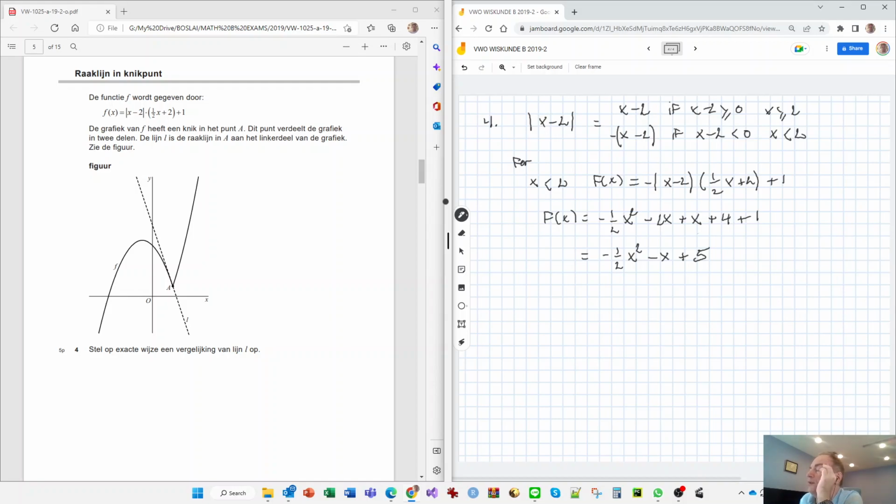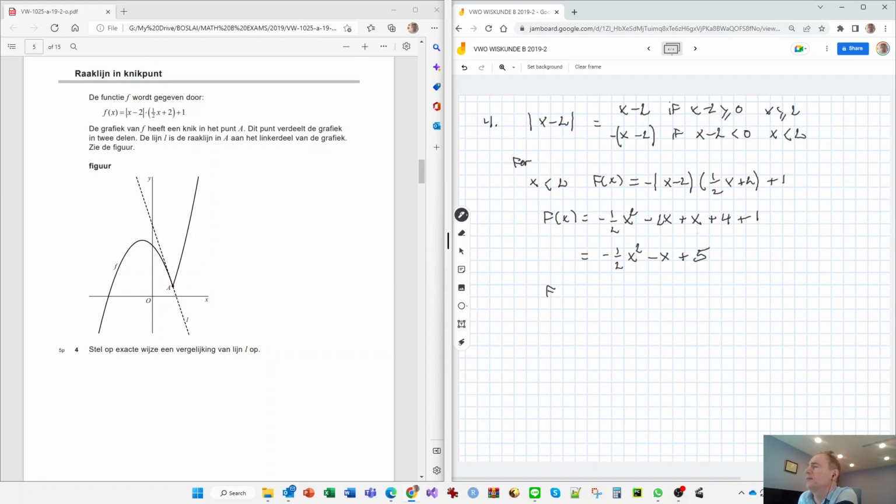And now we have to evaluate this in this knikpunt, and we know that happens when x is equal to 2. This function f, actually I probably should call this some other function like g, but we already stated that this is only true for f.